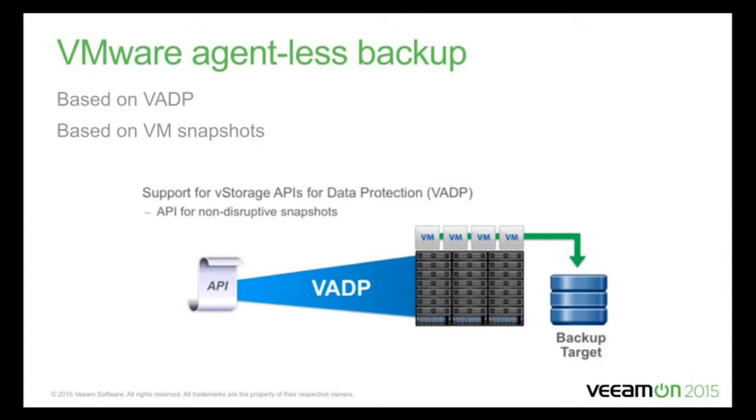For Hyper-V it is a little different because the VSS framework is used. VM snapshots are not as critical as in VMware, but the concepts are similar. You still have the agentless backup possibility.